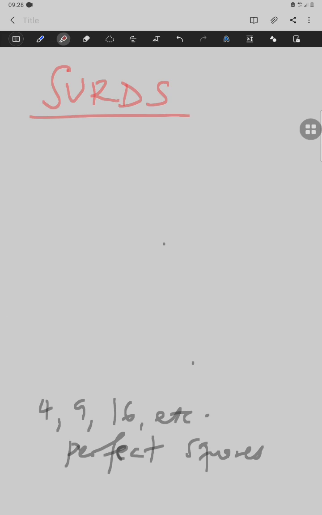So we can say that the square root of 3 cannot be simplified. The square root of 5 cannot be simplified into a whole number. The square root of 7 cannot be simplified into a whole number. So we call these ones surds.